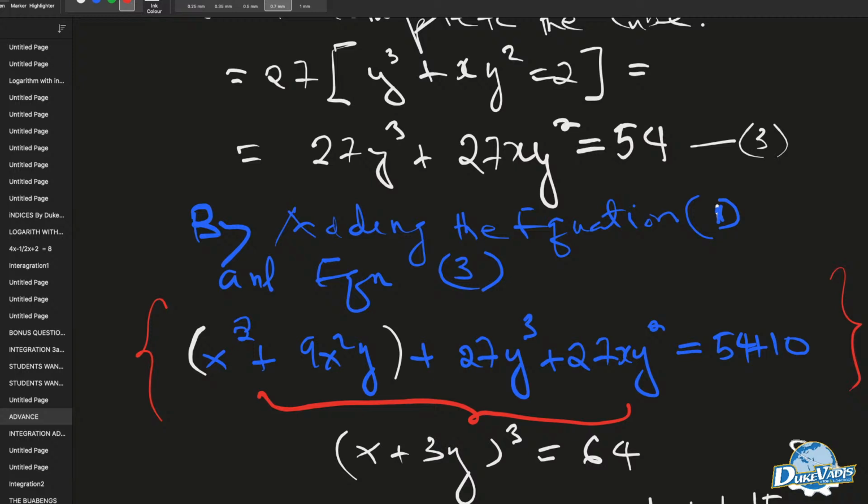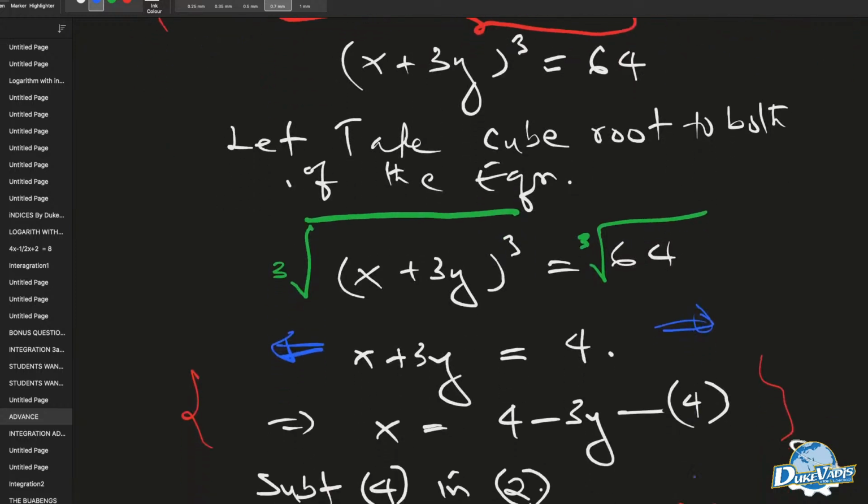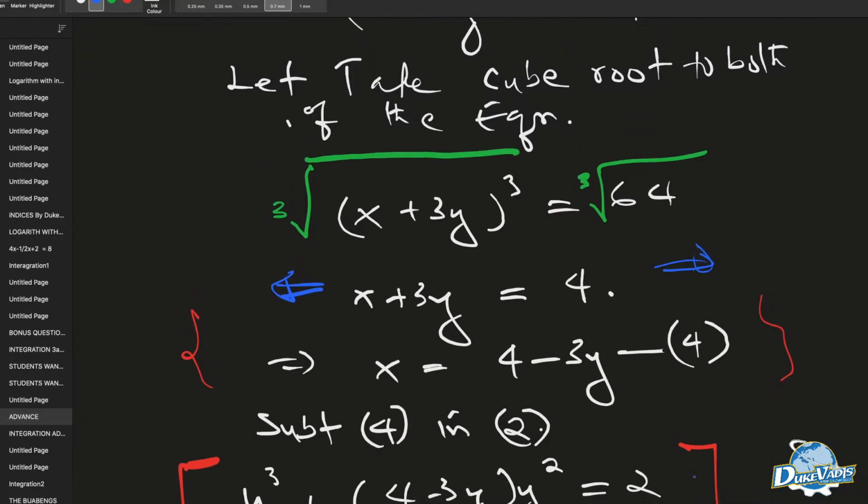Then we took the cube root of both sides of the equation, and finally that is where we got to this point that made everything so simple for us, so beautiful. So x plus 3y, then we made x the subject, and we substituted equation 4 into equation 2.